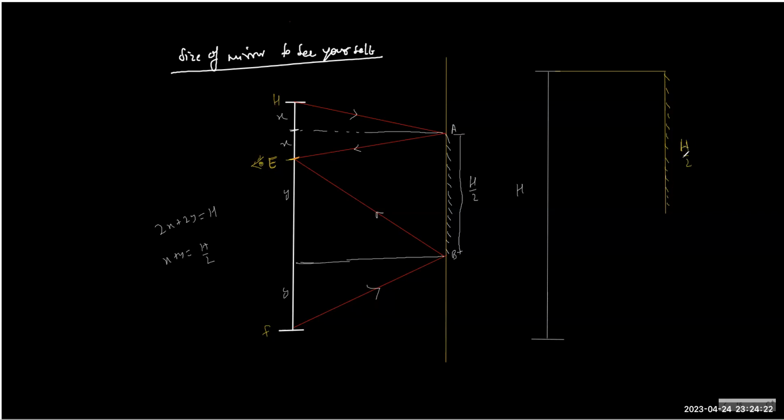So what part of your body can you see? How much can you see? I need to mention the eye level also, right? So let's say the eye level is h by 10. Then how much can you see?